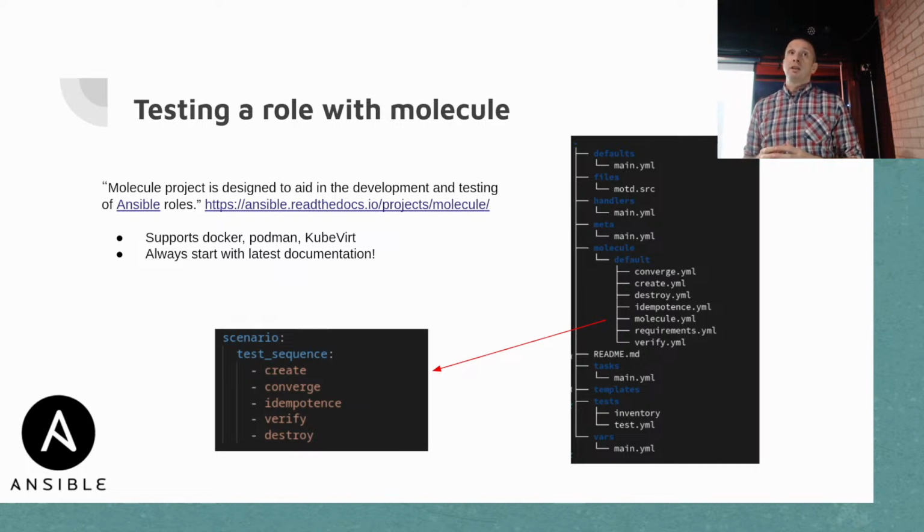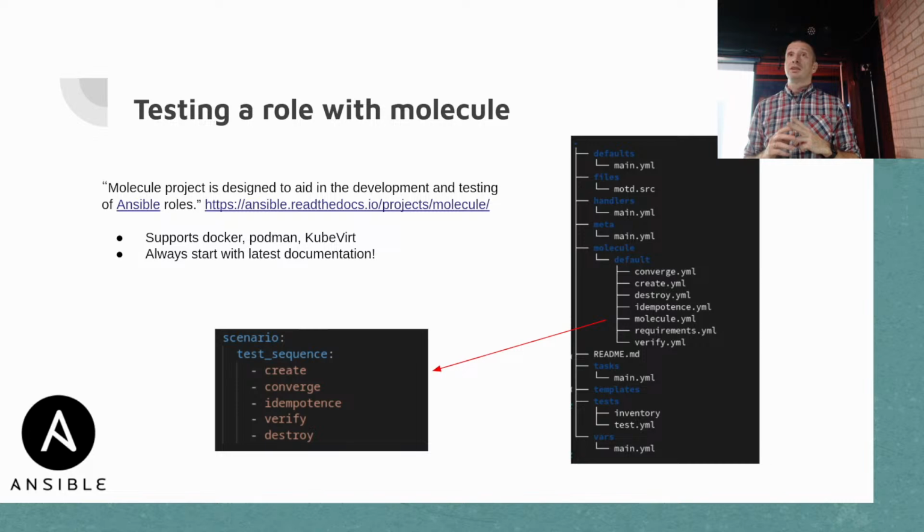But there's a framework called Molecule, which is your testing framework for roles and, as such, collections. You can define a range of test servers for testing, but Molecule does it for you. It supports Docker, it supports Podman, if you might recall Dan Walsh's presentation about Podman, and it supports KubeVirt.